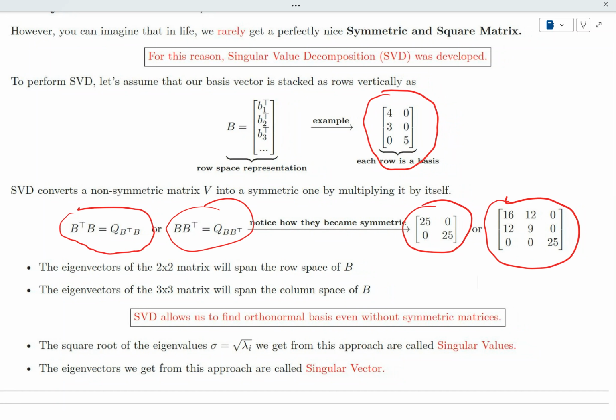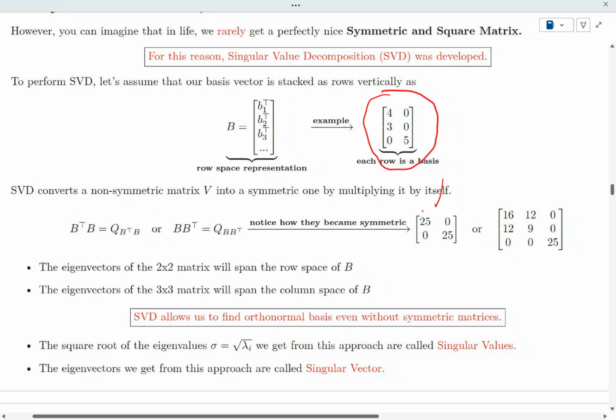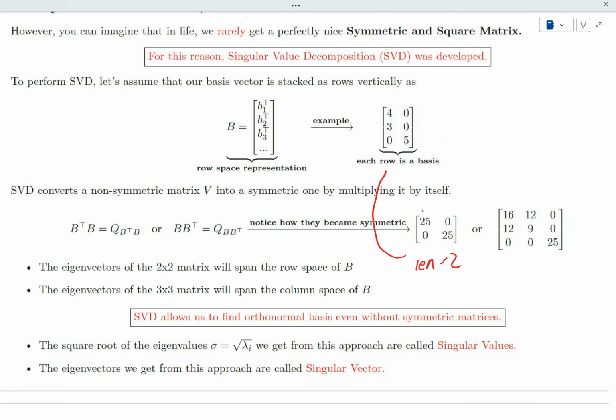Now, if we find the eigenvectors of this matrix, they're going to be length 2, right? This implies that these are the eigenvectors of the rows. Remember, this is the row space.